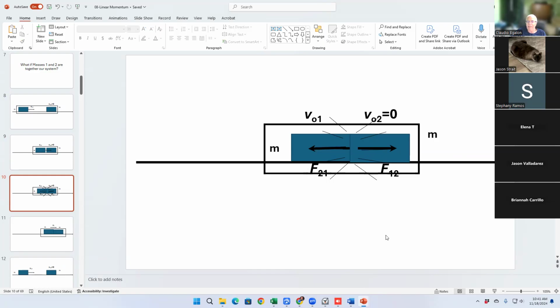And that's the neat thing about collisions. We can treat collisions between two objects as though the two objects were a single one. And because now they're being treated as a single one, the net force applied to this system, to these two objects, is going to be 0, and momentum will be conserved.